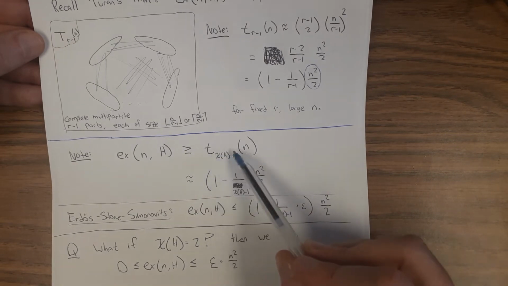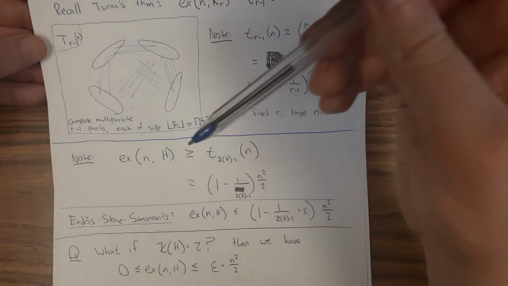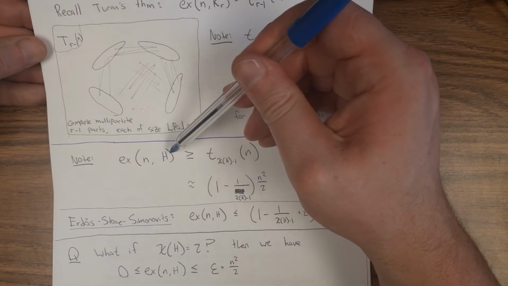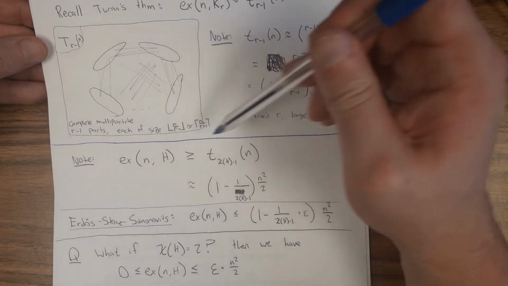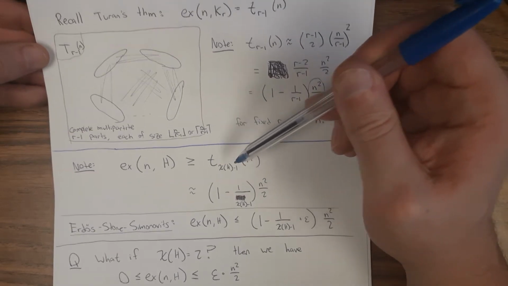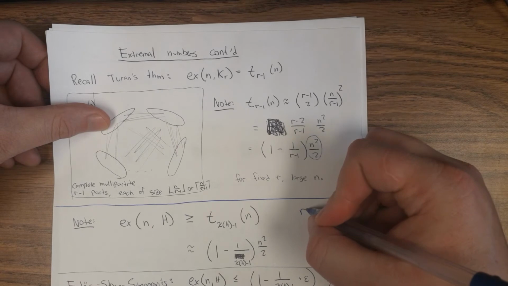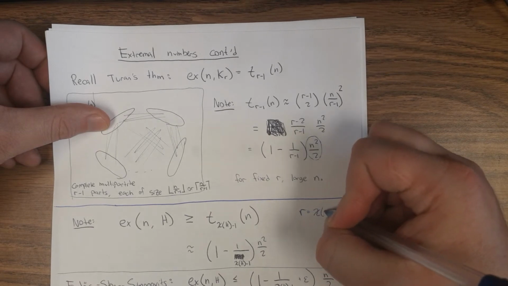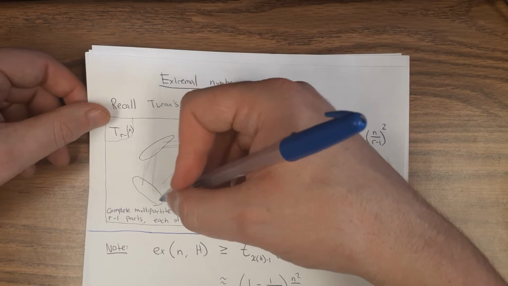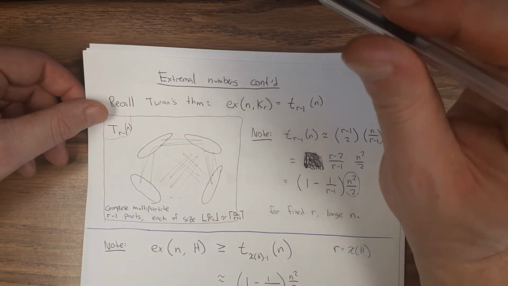Why? Because this is the number of edges. If I took H, took its chromatic number, and let that be r, it's like setting r equal to the chromatic number of H, and then drawing this graph.